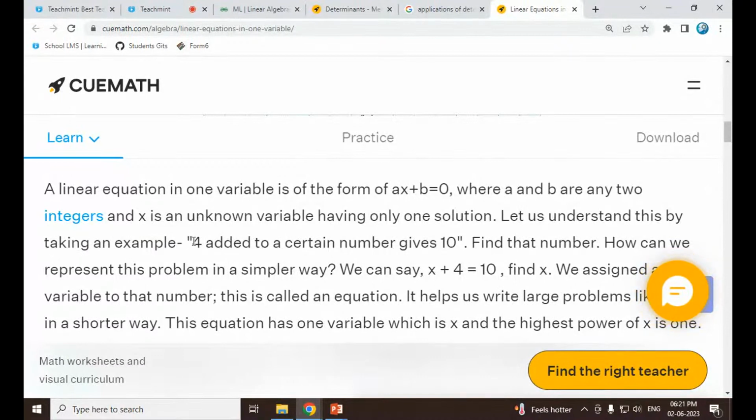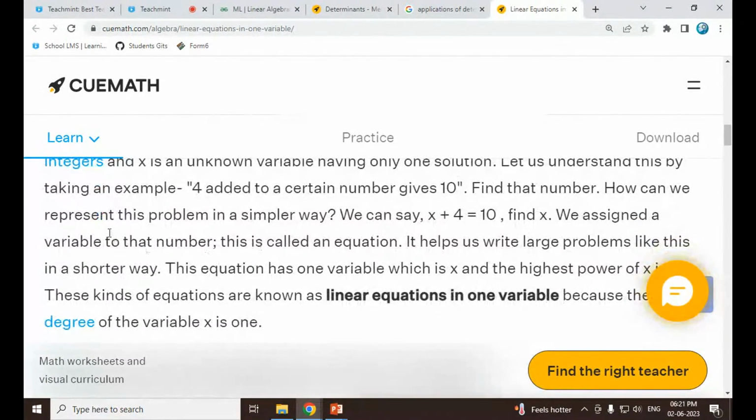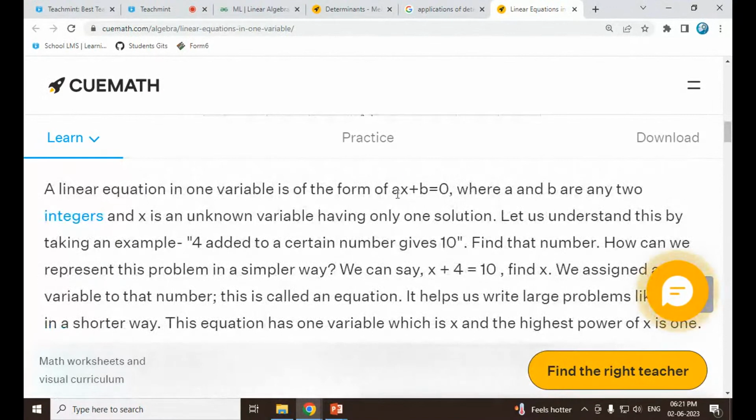Taking an example: 4 added to a certain number gives 10. I repeat, 4 added to a certain number gives 10. So what is that number? Find the number. How can we represent this problem in a simple way? We can represent it as x plus 4 equal to 10.